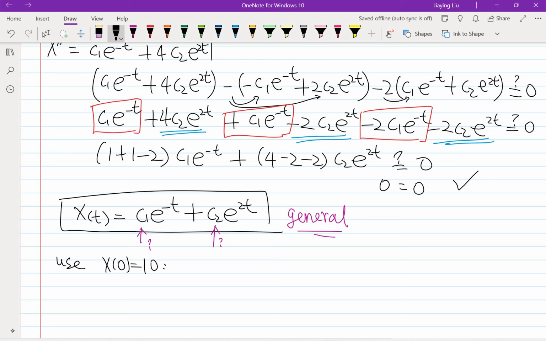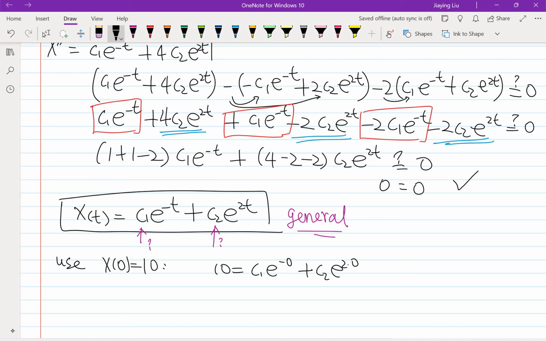So we get 10 equals whatever the rest is. So we get 10 equals c1 e to the negative 0 plus c2 e to the 2 times 0. Let's plug in t equals 0 for all the t, and plug in 10 for all the x, which is 10 on the left.